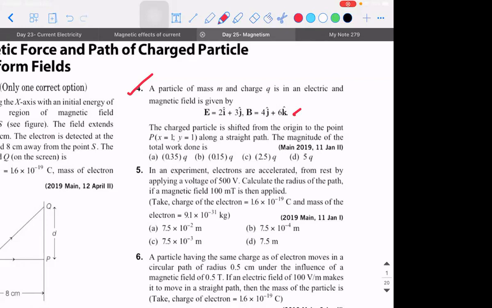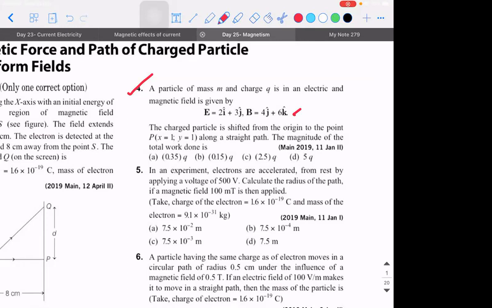If I multiply by Q, Q into what will I multiply? I think there is some data. That E plus B cross V. Correct.